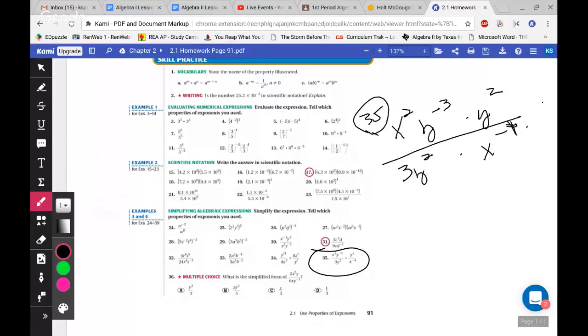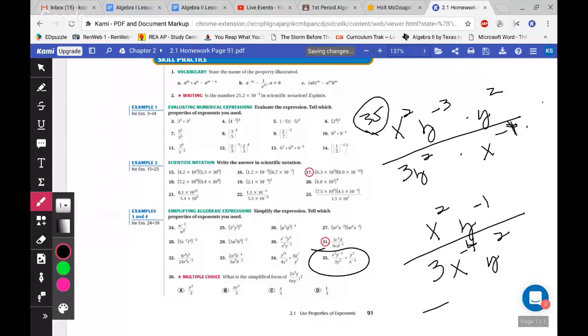So I would do negative 3 plus 2. So that's going to give me x squared y to the negative 1, all over 3x to the negative fourth y squared.